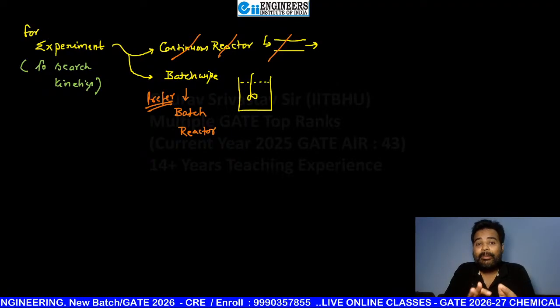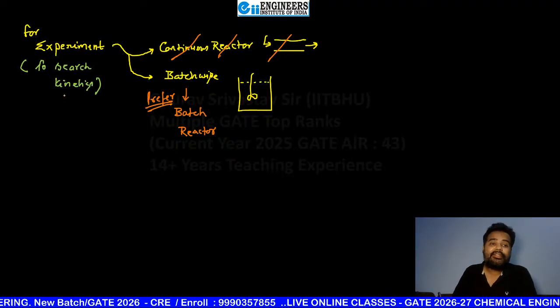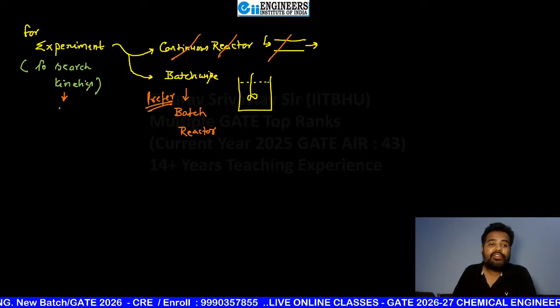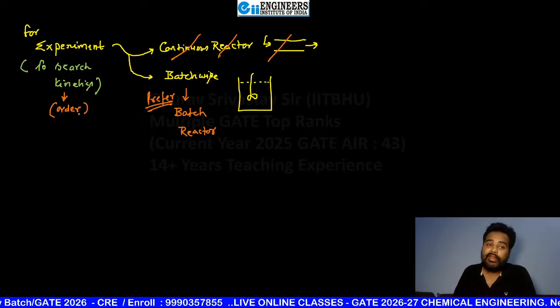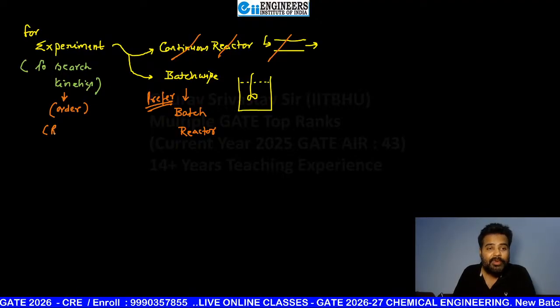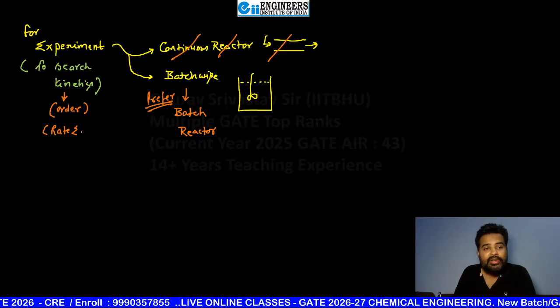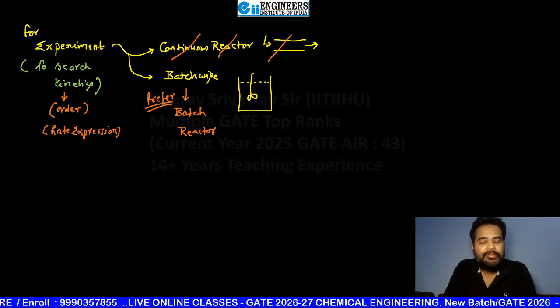So this time the main focus is to search the kinetics, that is the order. You are searching the order of the reaction. You are searching with which rate expression you can express your given reaction.